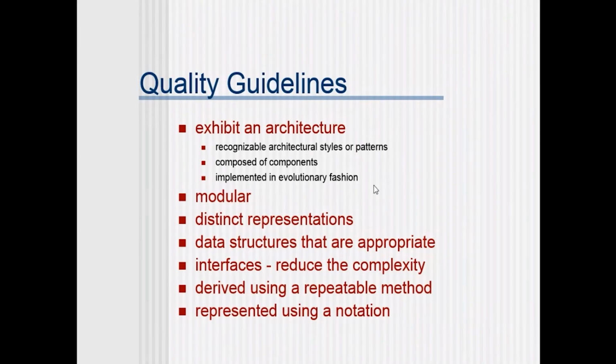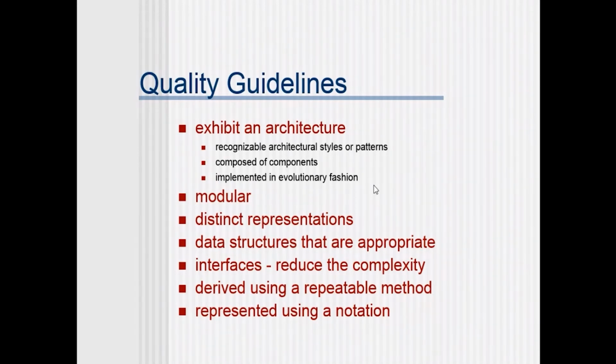Apart from that, a design should be modular, that is, the software should be logically partitioned into elements or subsystems. Then, the design should contain a distinct representation of data, architecture, interfaces, etc. A design should lead to data structures that are appropriate for the classes to be implemented and are drawn from data patterns.